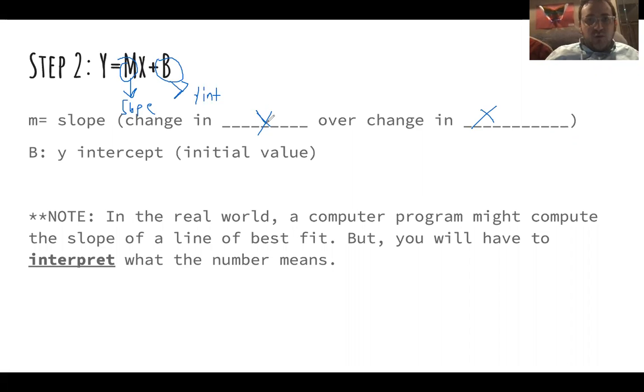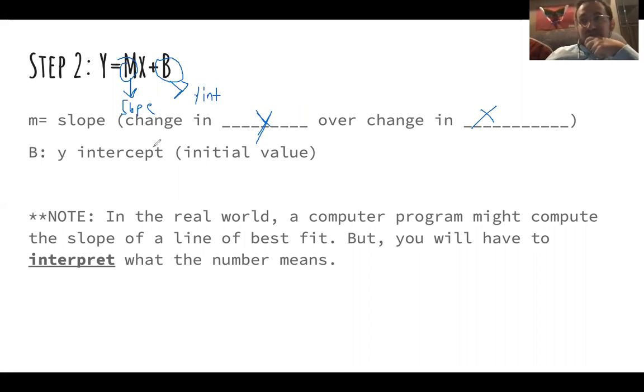So if y, for instance, is test scores and x is the amount of time studying, an elegant way of describing slope would be change in test scores over the change in the amount studied. And then your b is the y-intercept or initial value.